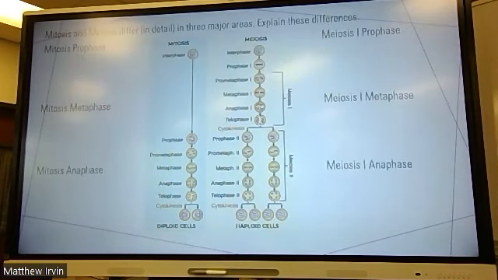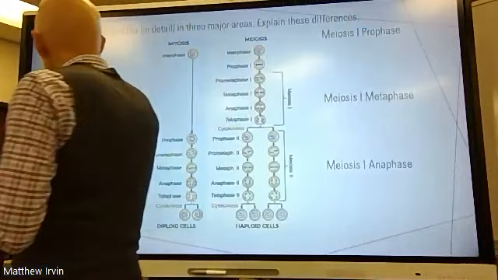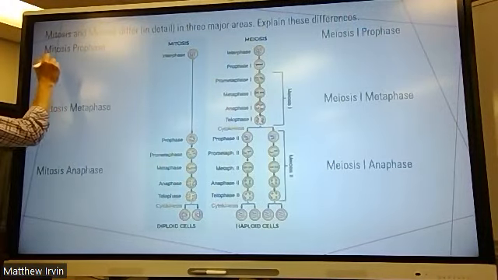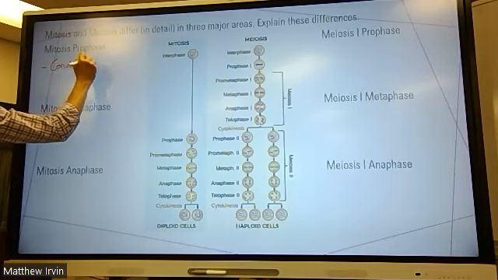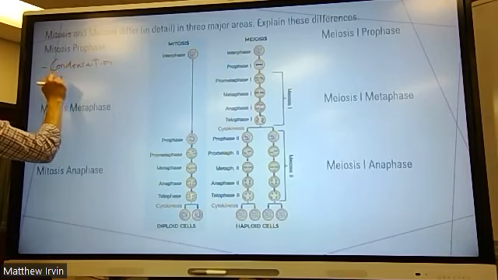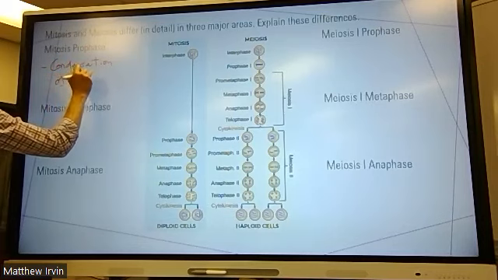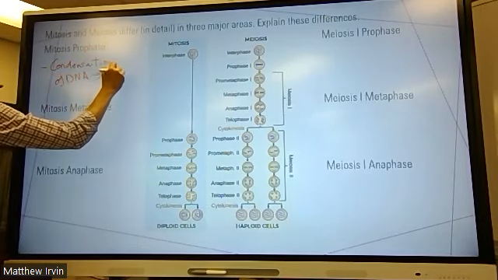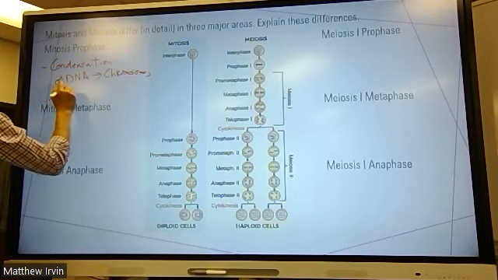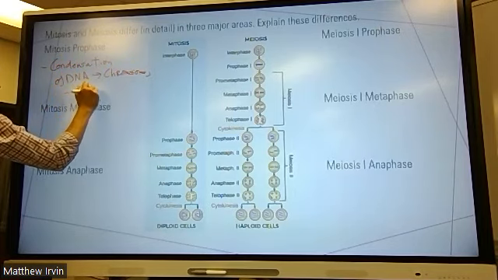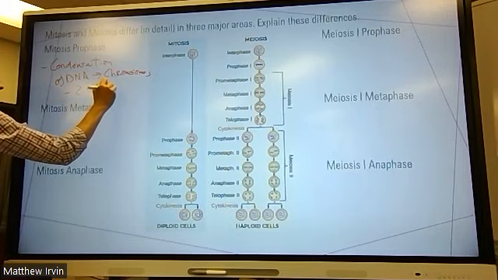Our main differences: we're going to focus on just a few of the phases that are most important. In prophase of mitosis, the main thing that is important is the condensation of the DNA into the chromosomes. At this point, each chromosome is made up of the 2 sister chromatids.